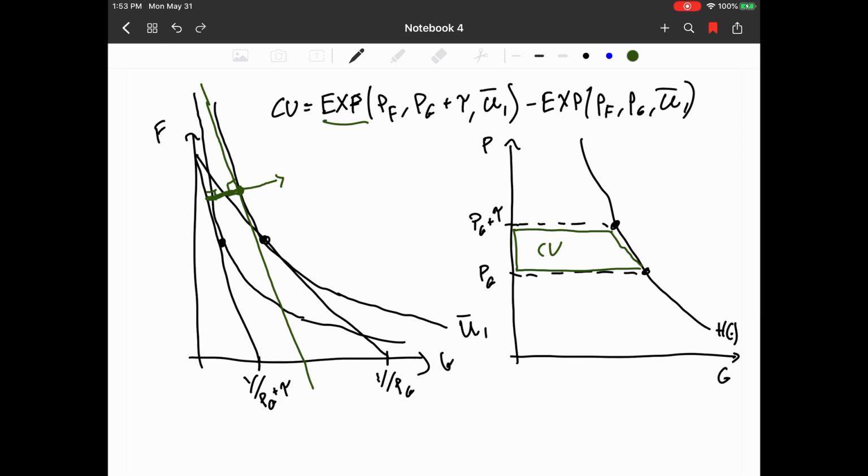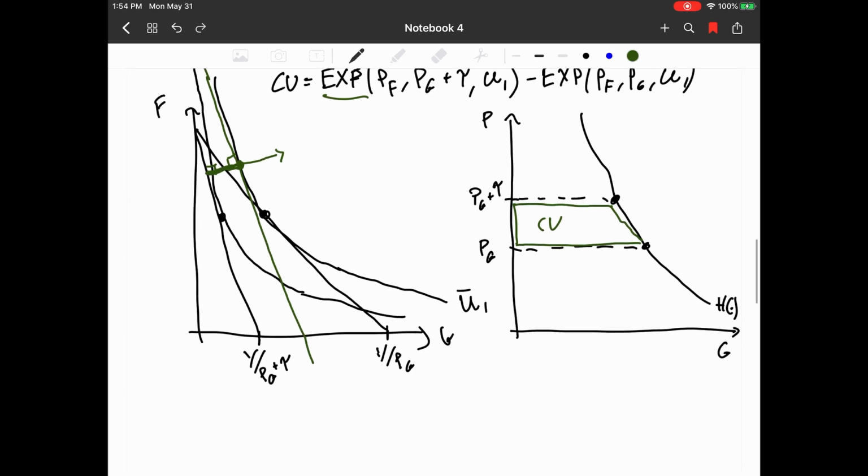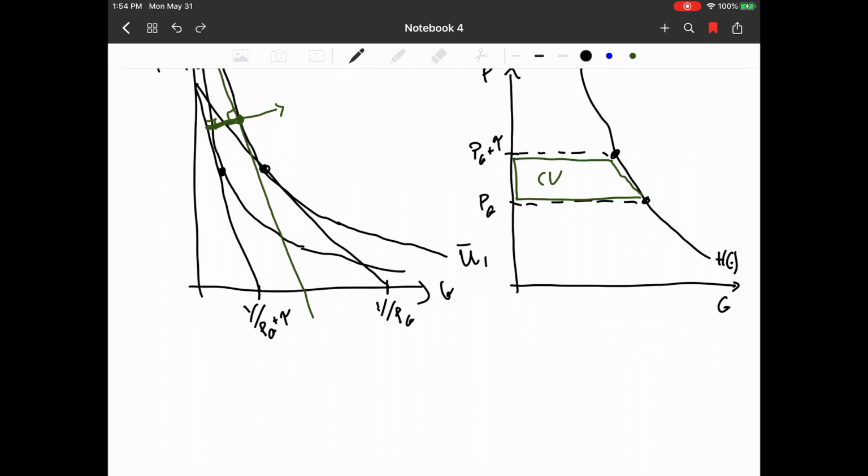But to find the area under this curve, or to the left of this curve, we first need to realize, if you remember, that Hicksian as a function of the price is equal to the derivative of the expenditure with respect to the price.